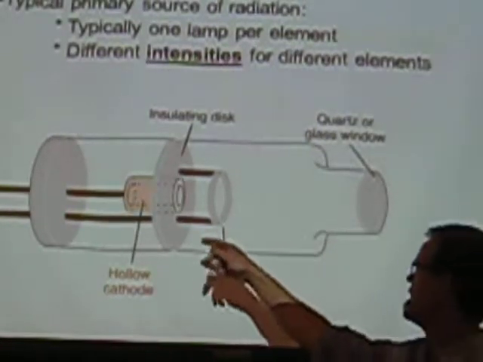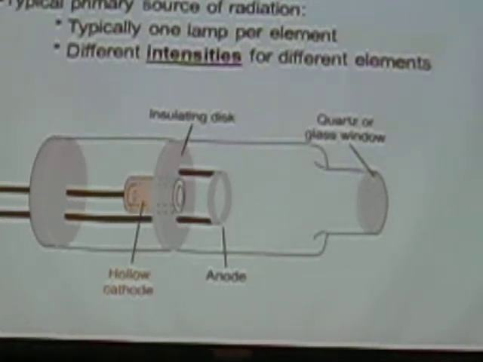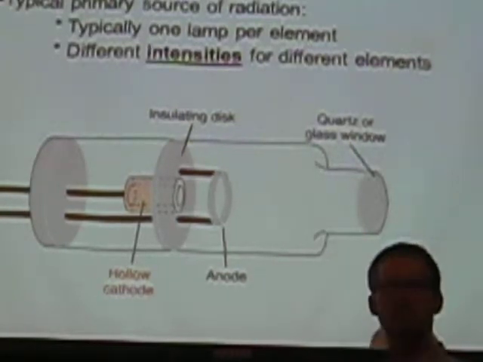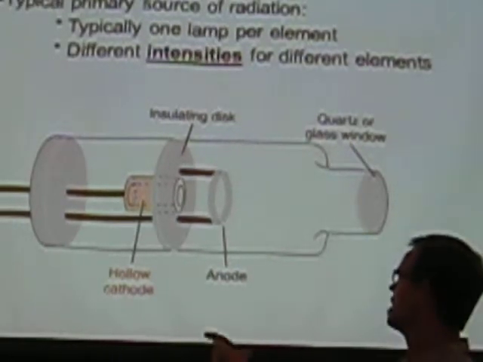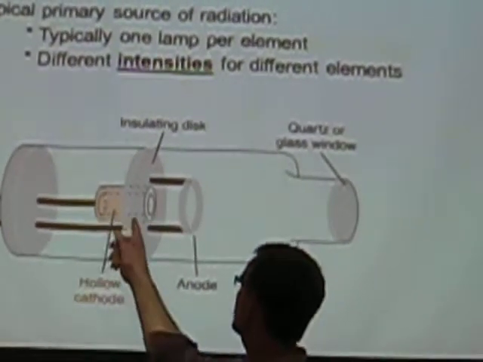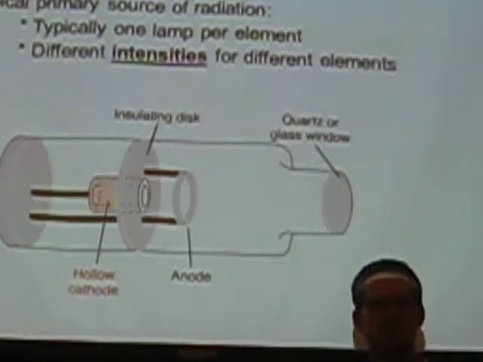Right? And so these lamps are a relatively ingenious design when they first came out decades ago. They call them a hollow cathode lamp because they exactly have a hollow cathode. They're fitted with a cathode and anode. And the cathode is composed of the metal that this lamp is for.